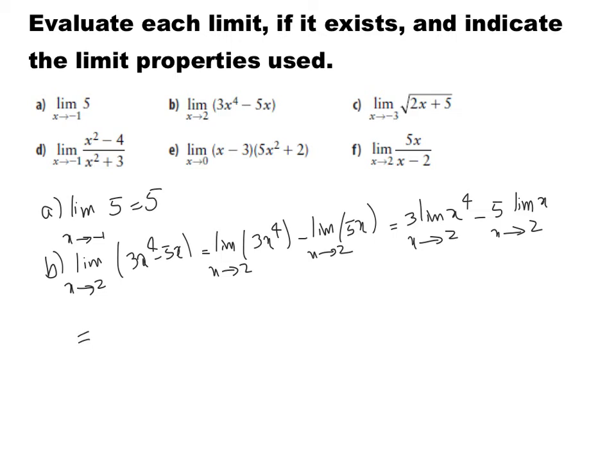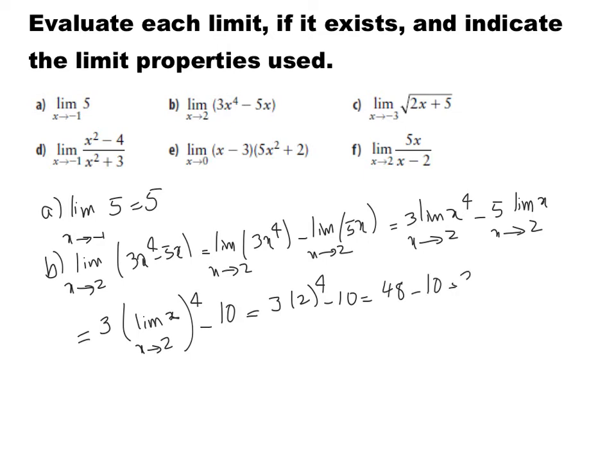Now I can write the first limit as 3 times the limit of x when x goes to 2, to the exponent 4, minus 5 times the limit of x when x goes to 2, which is just 2, so it's 5 times 2, which is 10. Now the limit of x as x goes to 2 is 2, so we get 3 times 2 to the exponent 4 minus 10. 2 to the exponent 4 is 16, so it's 48 minus 10, which becomes 38.